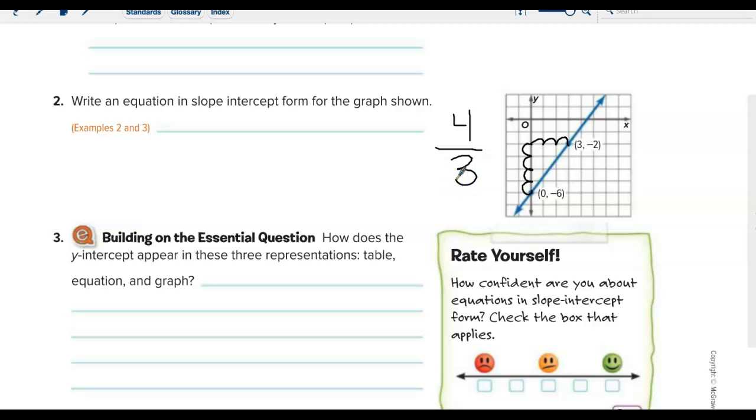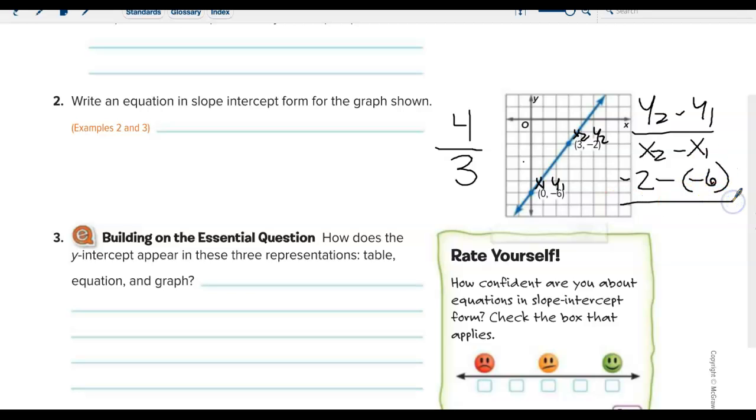Okay, another way you could have done it was using these two coordinate points and using the slope formula, y2 minus y1 over x2 minus x1. If this is my x1 and this is y1, this is x2 and this is y2. y2 is negative 2 minus a negative 6 over x2 is 3 minus 0.